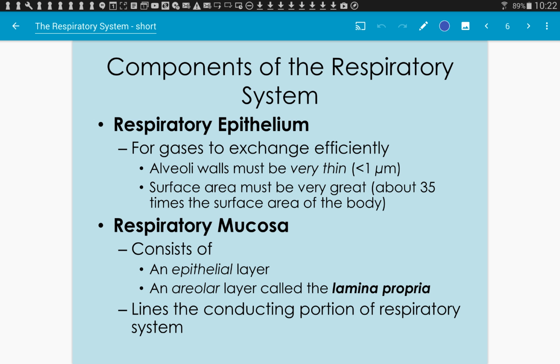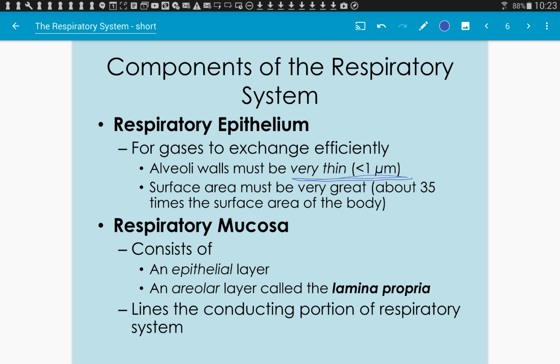Okay, a little bit more about that epithelium. We can generally just call it respiratory epithelium. It is that simple squamous epithelium, and the walls are very thin. Someone found a way to measure this and says the alveoli walls must be less than 1 micrometer thick. That's really, really thin.